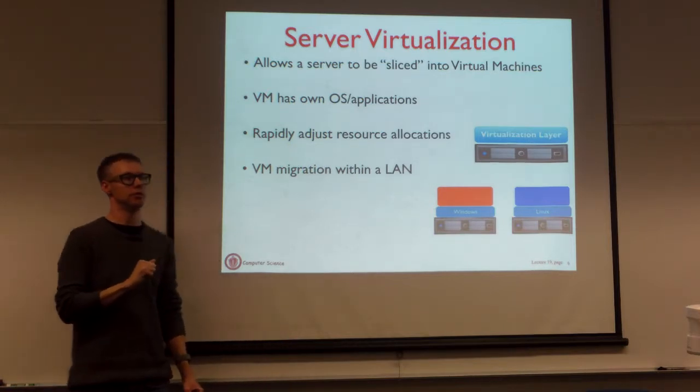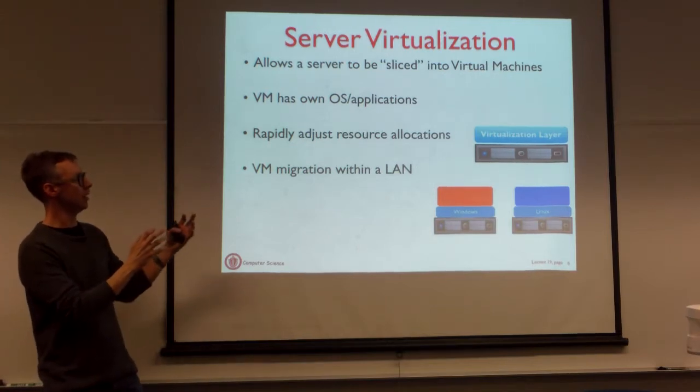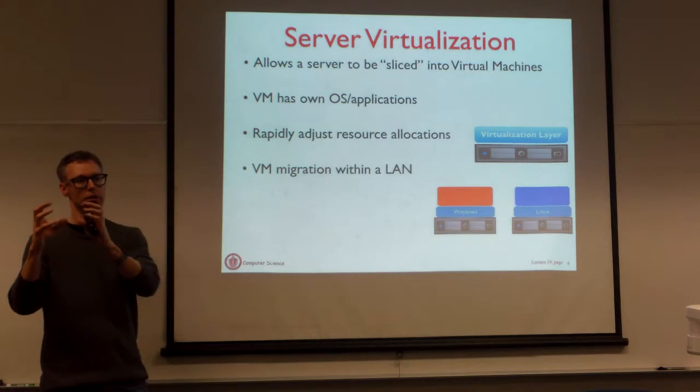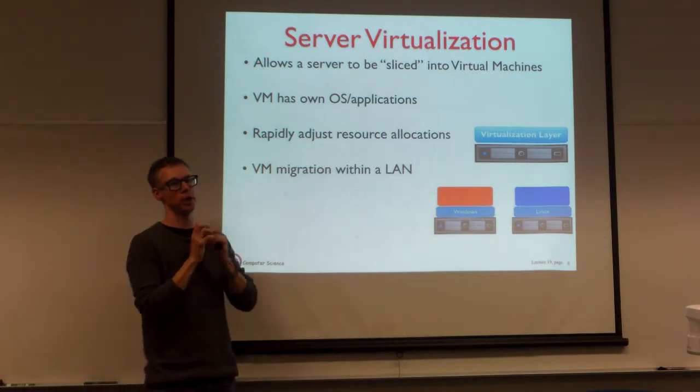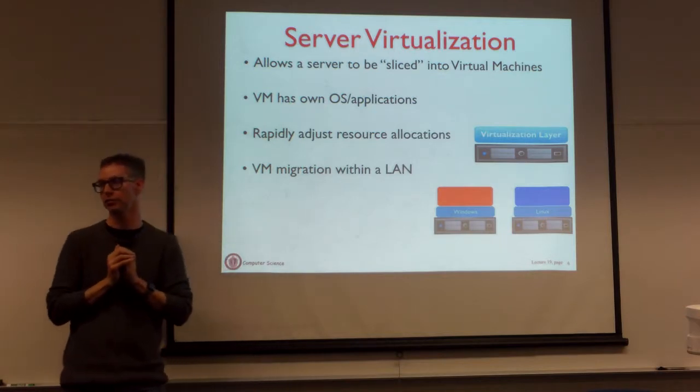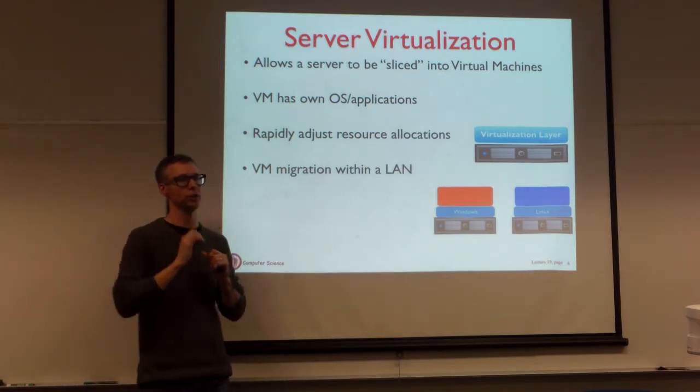You can allocate fractions of the CPU to different virtual machines or fractions of the memory to different virtual machines. So explicit resource allocation, actually. That's a good word for it, explicit resource allocation.